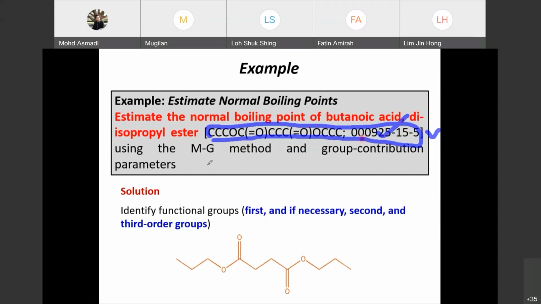So look here. How many first order, second order and third order groups are there? We can check. For first order, CH3: how many CH3? Only 2.